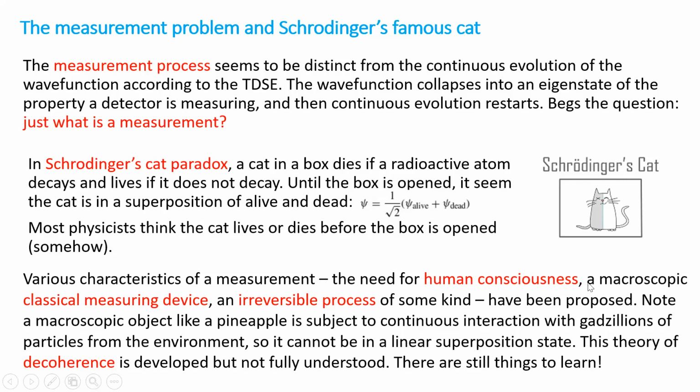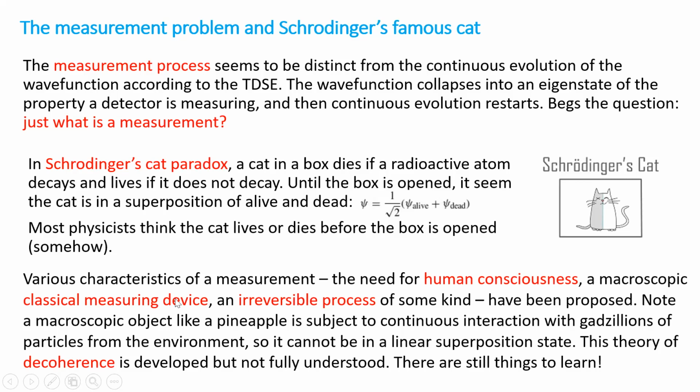Others have thought that perhaps some macroscopic classical measuring device would be enough. So perhaps we stick a probe inside with a camera, and that records on a film, and that would be enough to collapse the wave function of the cat into alive or dead if it's recorded on a photographic film, even if some person has not seen the film yet.